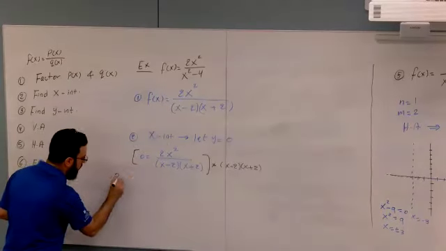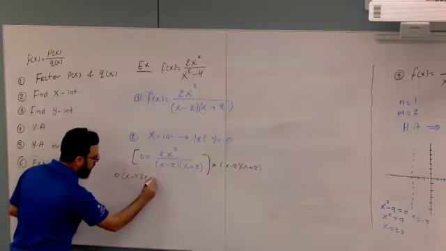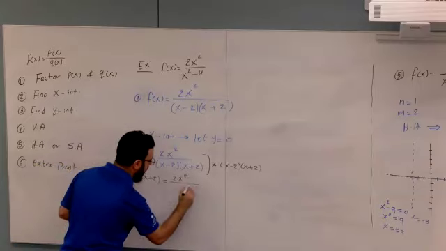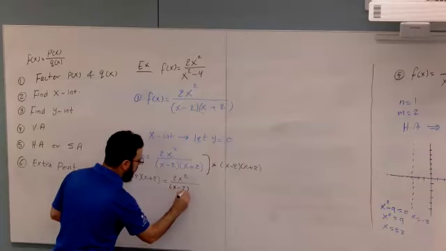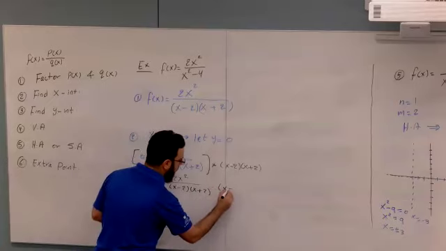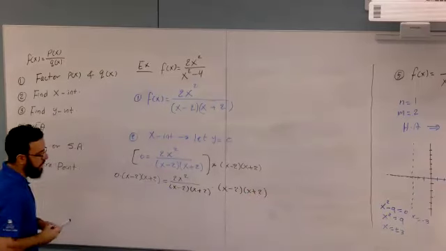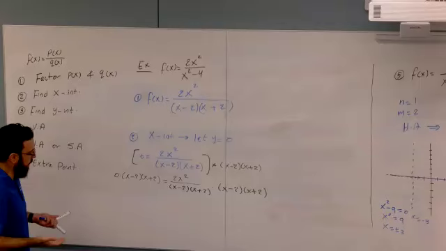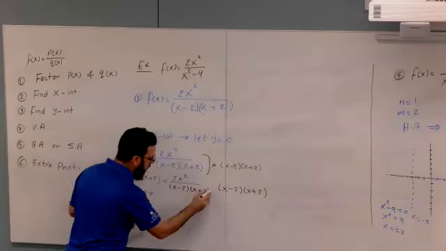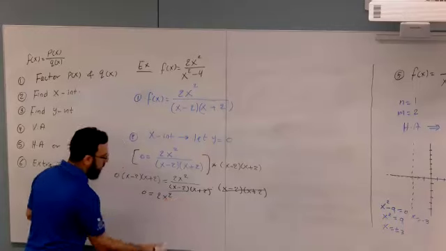So it's going to be 0 times x minus 2, x plus 2 equal to 2x squared over x minus 2, x plus 2 times x minus 2, x plus 2. Is that okay? It's long, but 0 times everything is going to be 0. On this side, this cancels with this one. What's left? 2x squared.